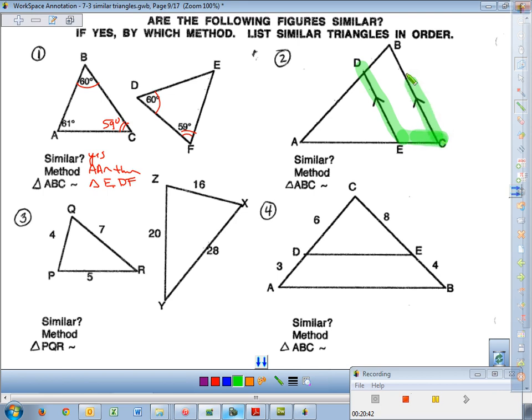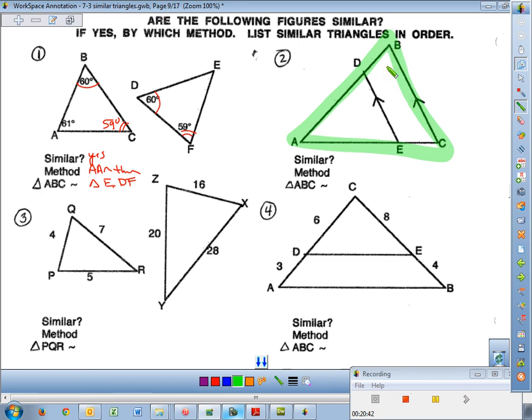See that? Is that a triangle? No, it's not, right? This is not a triangle. We are looking at big boy, right here, and little boy. Do you see the 2 triangles in this picture? Those are what we're trying to prove similar to each other. I have no information, though. No sides, no angles.